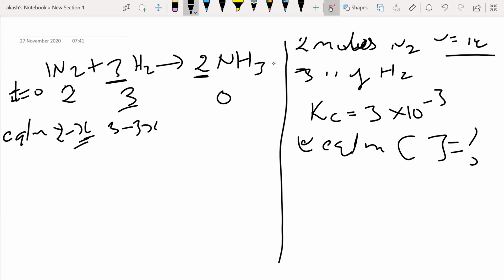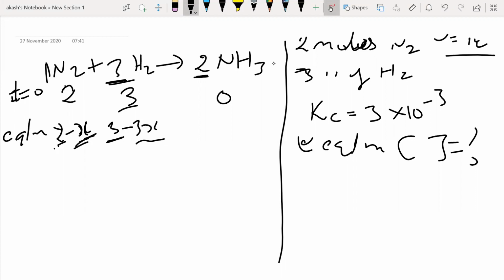You don't have to worry about this number, it comes from initially. That doesn't matter at all. What matters is, now that you have said X moles of N2 is reacting, look at the stoichiometry: 1 mole of N2 requires 3 moles of H2. So I definitely require 3x moles of H2 to be reacting.